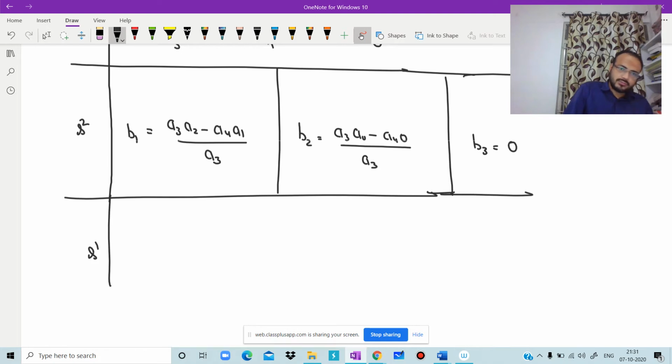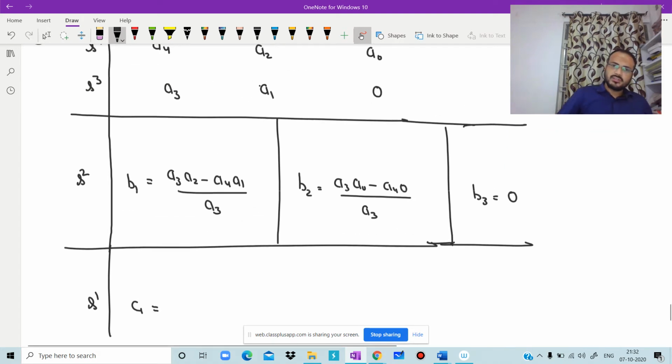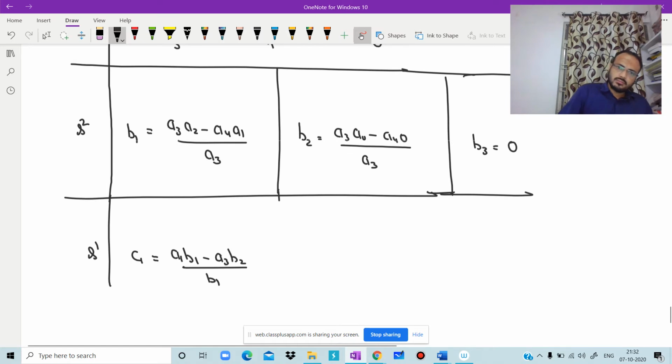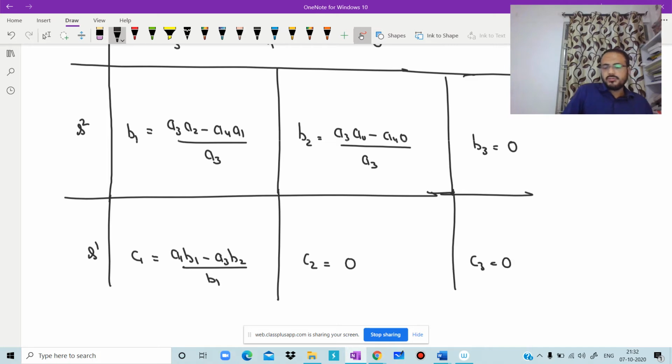For S1, maybe it is C1 you will get. Now for this, C1 is A1, B1 minus A3, B2 divided by B1. C2 is 0, C3 also 0.